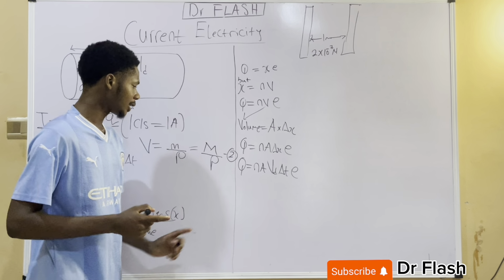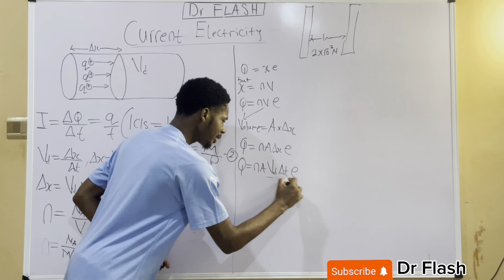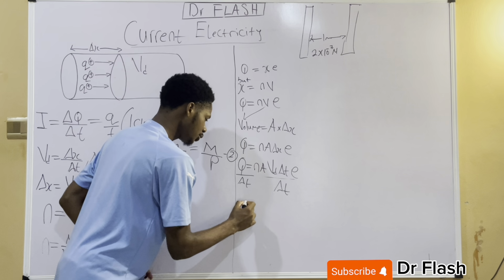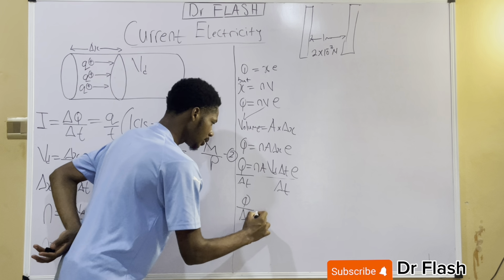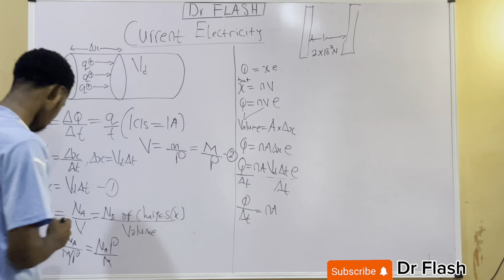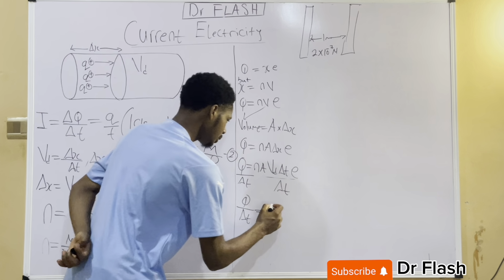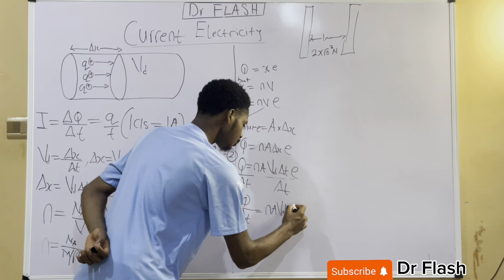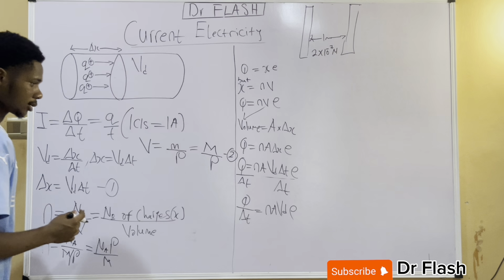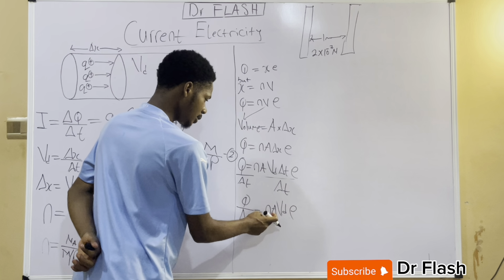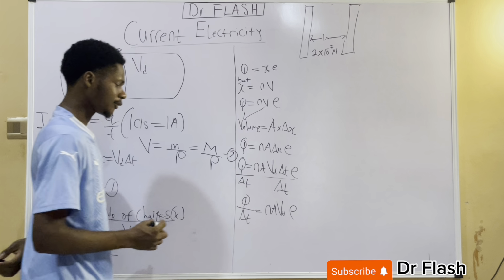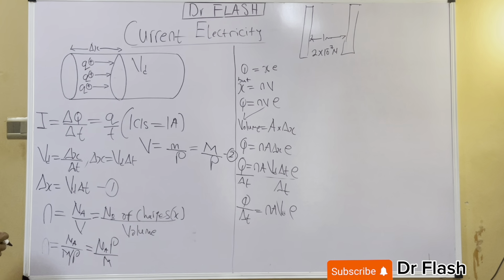If I choose to substitute in that, dividing both sides by delta T, I'm going to get delta Q over delta T is then equal to N A Vd times E. So we have the number of charges per volume.